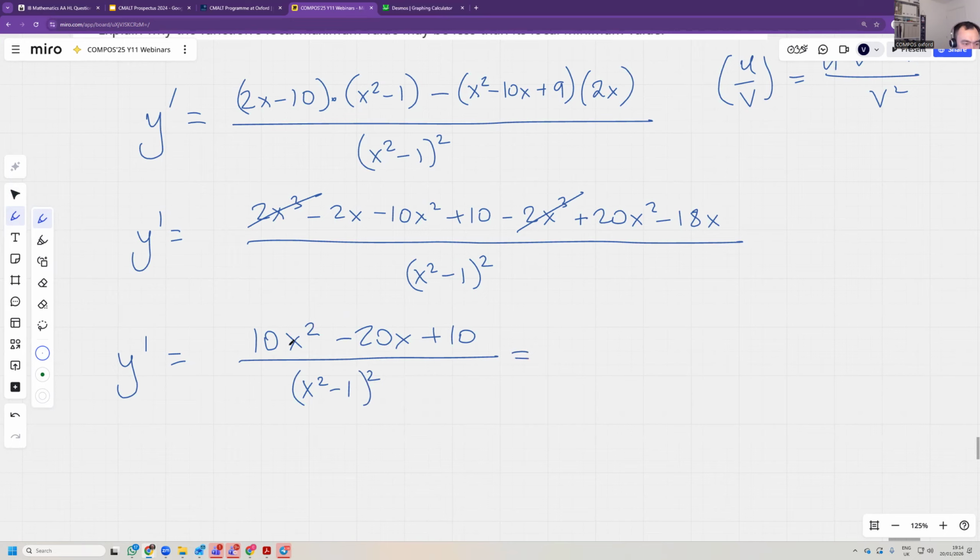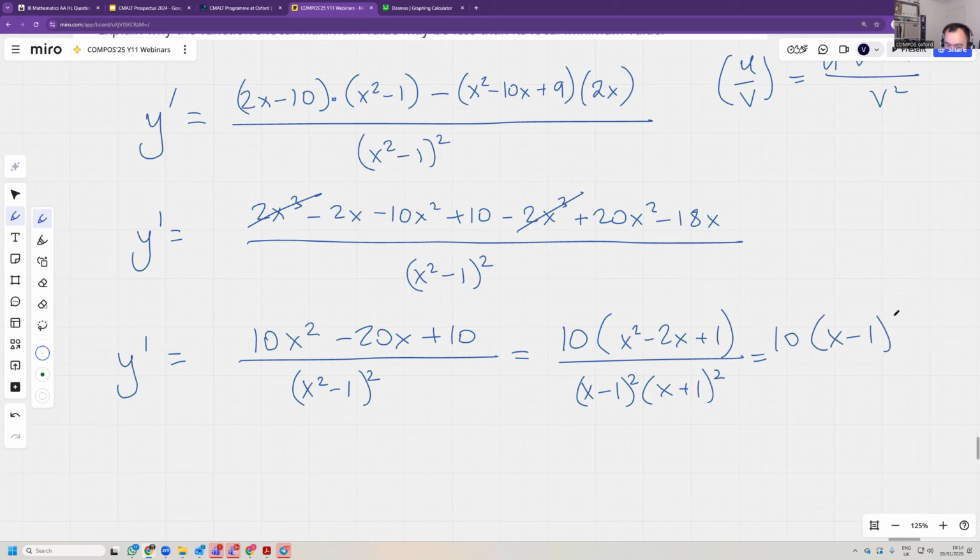So that's equal to, well, you can take 10 out: x squared minus 2x plus 1. We can factorize the bottom, so it's x minus 1 squared, x plus 1 squared. So 10 times x minus 1 squared divided by x minus 1 squared, x plus 1 squared.